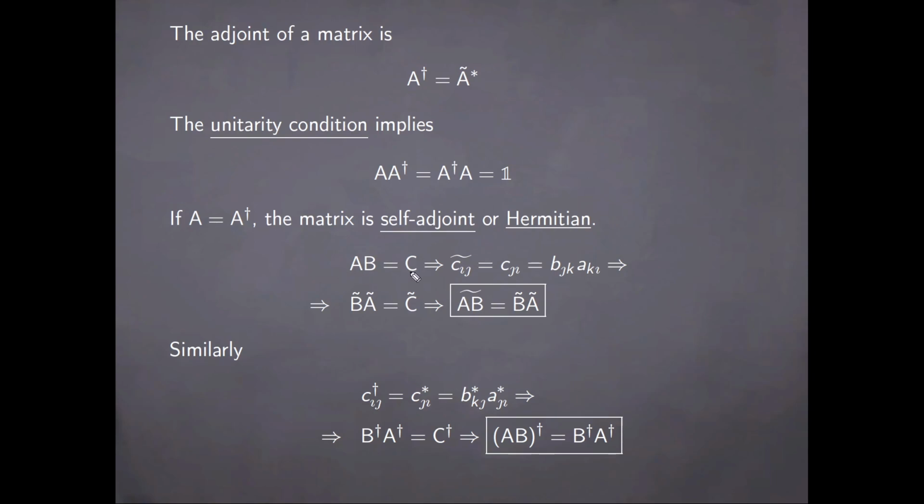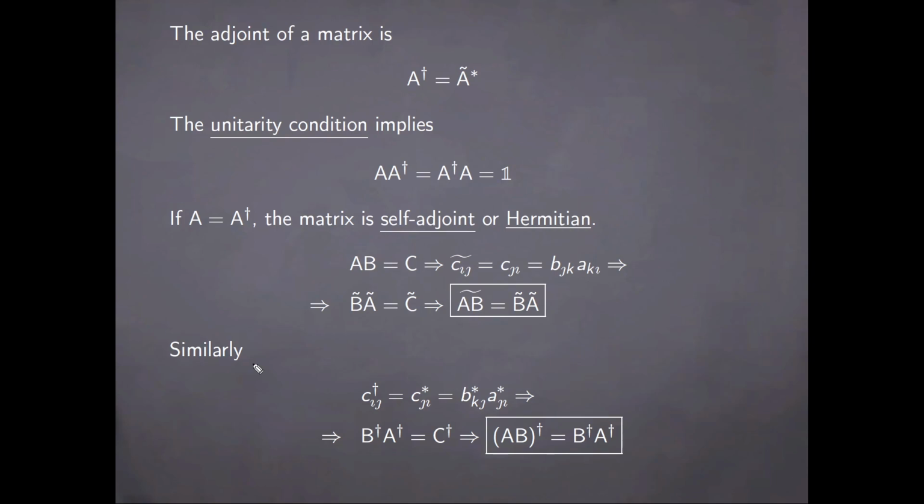And a couple of things that can be shown immediately are that if the matrix C is given by the product between the matrices A and B, then its transpose is equal to the product of the transposes of the matrices in the reverse order. So the transpose of a product of matrices is given by the reversed order product of their transposes.